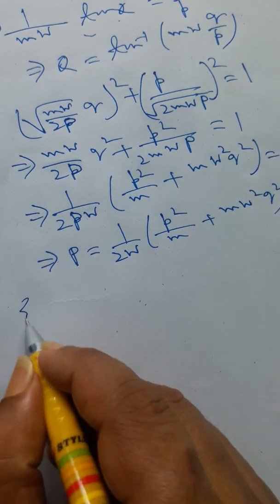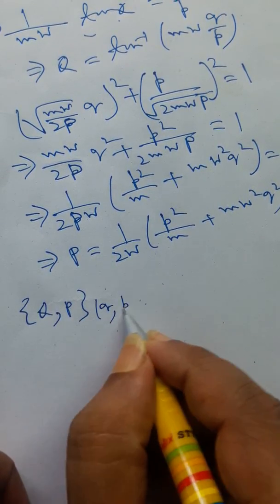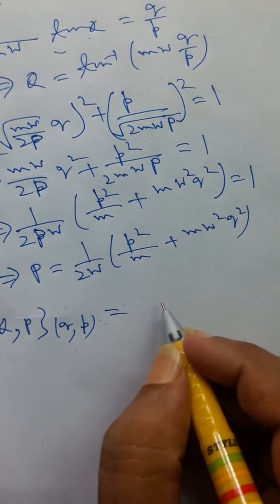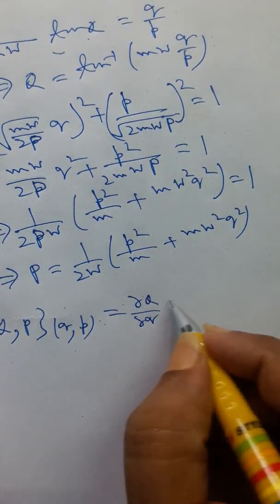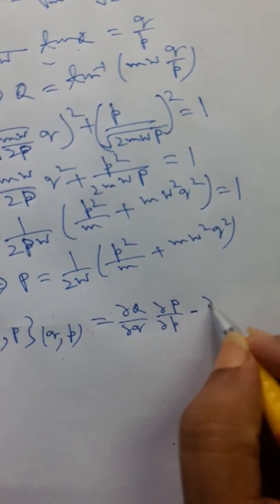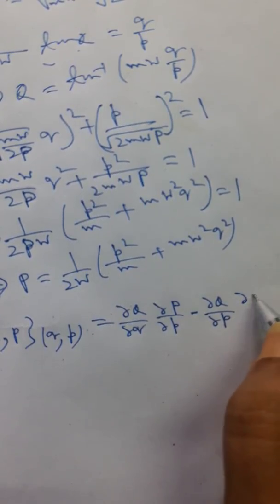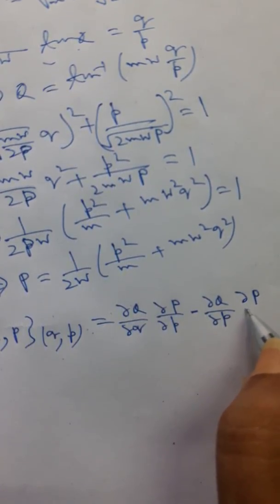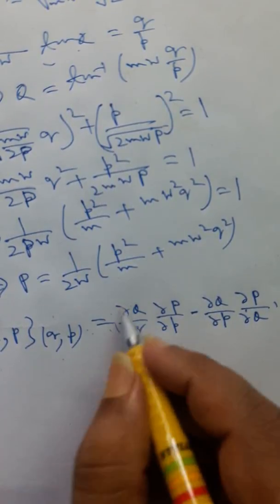Now the new set of variables Q, P with the old variables q, p taking in a Poisson bracket form. So that will be del Q del q, del P del p minus del Q del p into del P del q. So separately we find all the values.